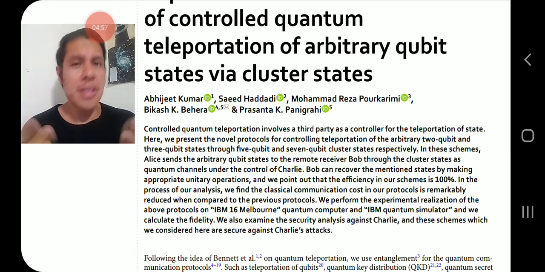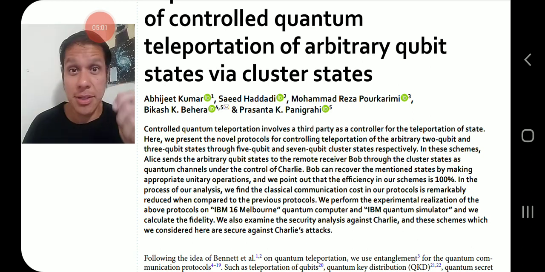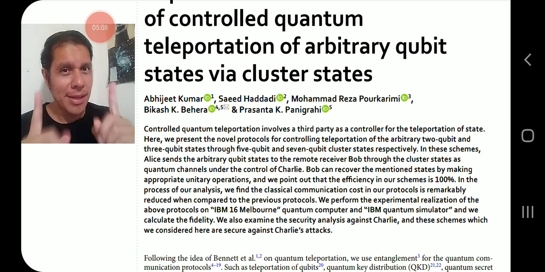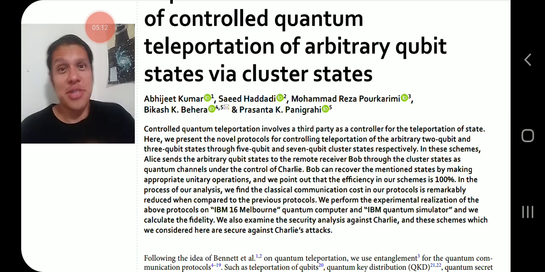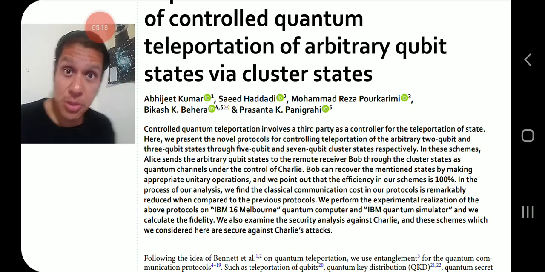So in teleportation, you need a key in order to be able to unlock the message. So technically speaking, teleportation can be done instantaneously, but the downside to that is that you might get the message, but you don't know what to do with it unless you have a key. So this scheme is technically more efficient when it comes to doing that.